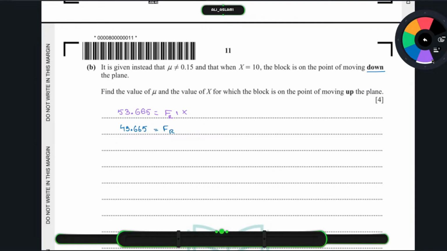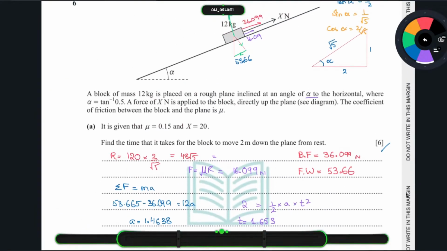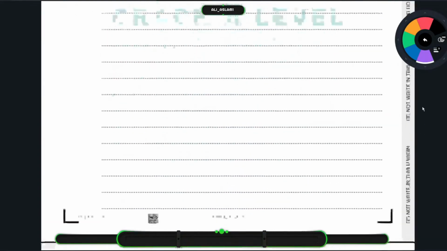And we know that F is equal to mu R, and R is 48 root 5.